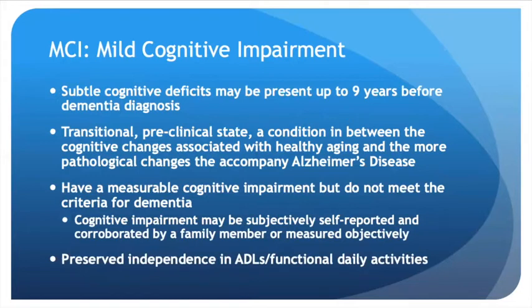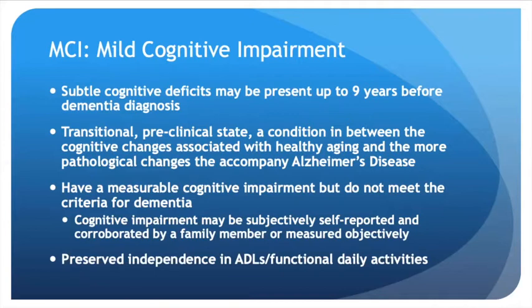Mild cognitive impairment is characterized by subtle cognitive deficits that can be present up to 9 years before the dementia diagnosis. It's a transitional preclinical state, a condition kind of in between the cognitive changes associated with healthy aging and the more pathological changes that accompany Alzheimer's disease.